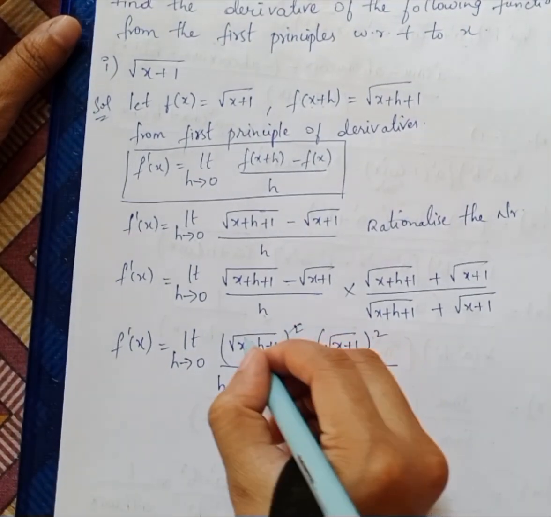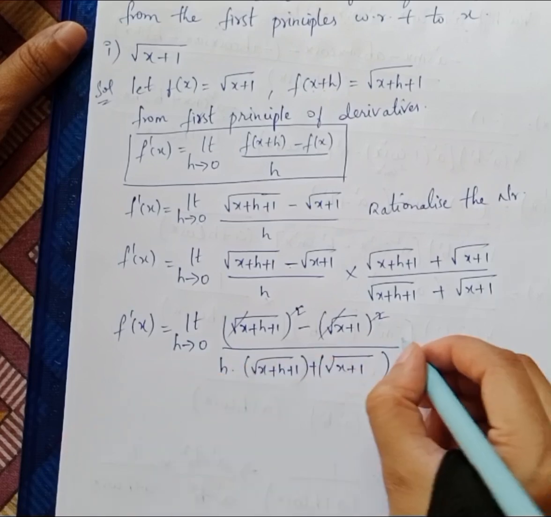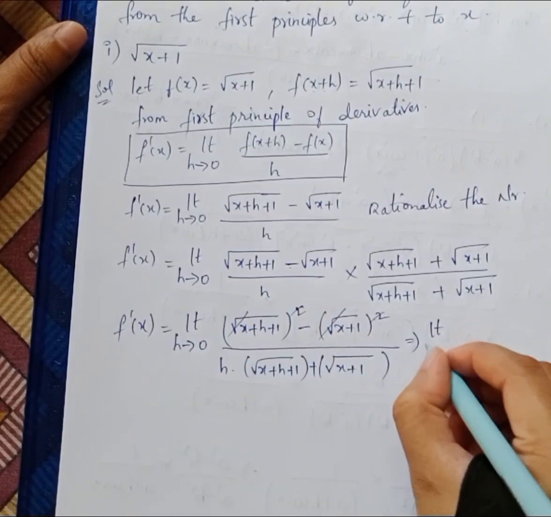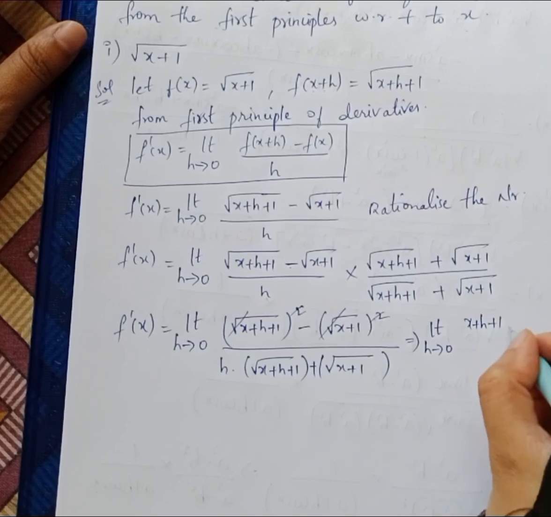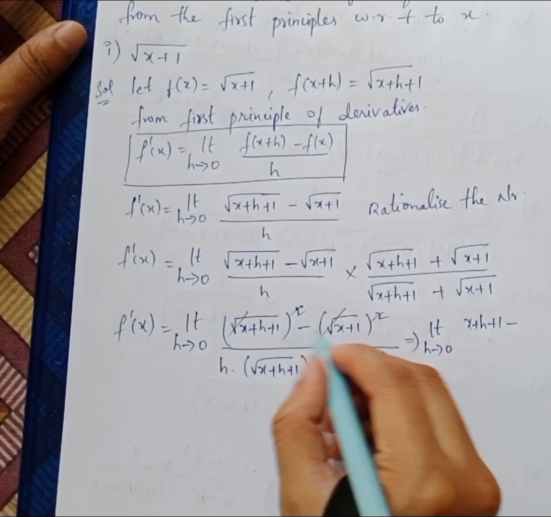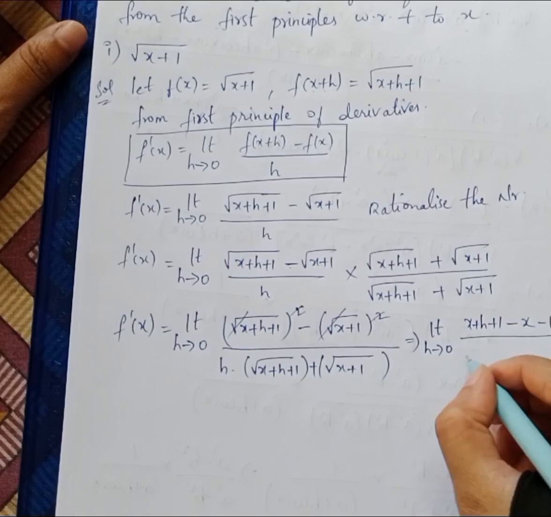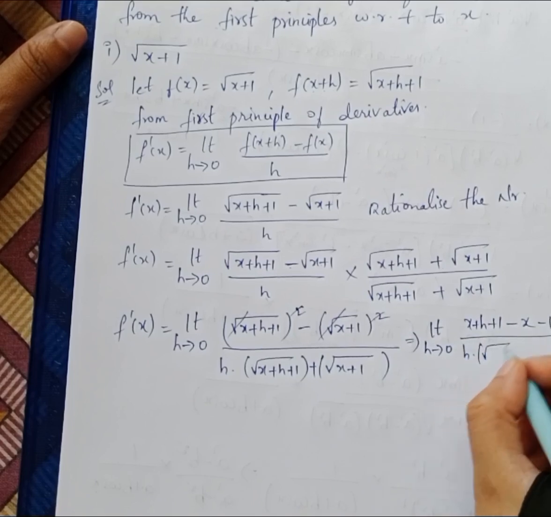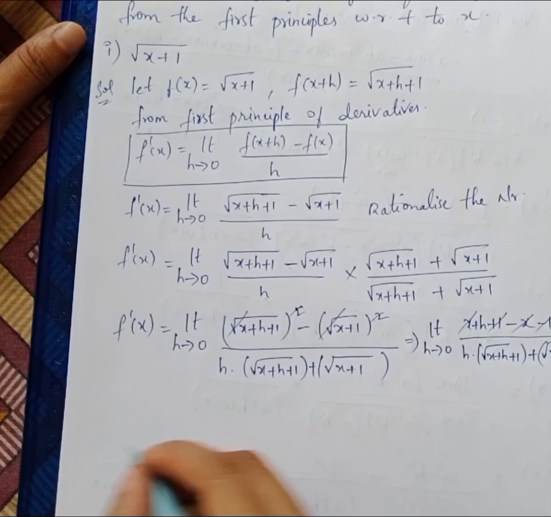Okay, so the square and root of these two terms get cancelled, so we are remaining with limit h tends to 0 of x plus h plus 1 minus x minus 1 by h into root of x plus h plus 1 plus root of x plus 1. So here the plus x and minus x get cancelled, plus 1 and minus 1 also get cancelled.